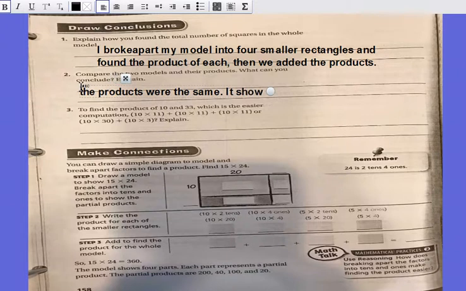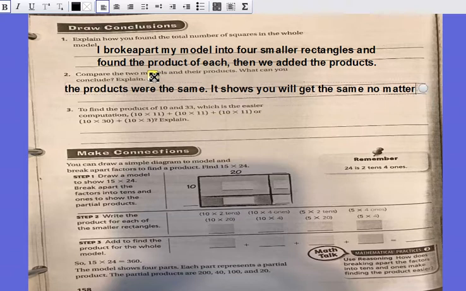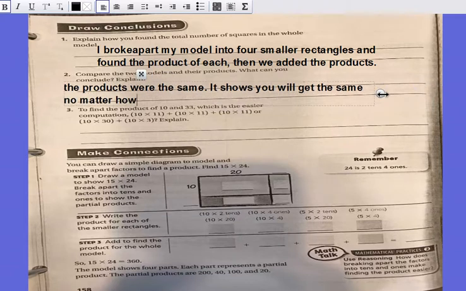It shows you will get the same product no matter how you break down 18 times 13, or 13 times 18.